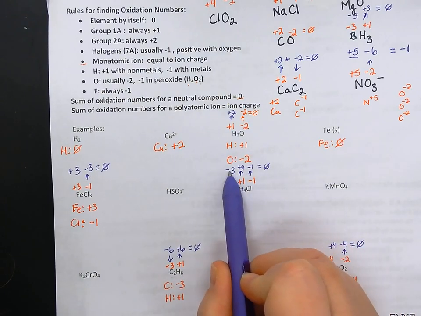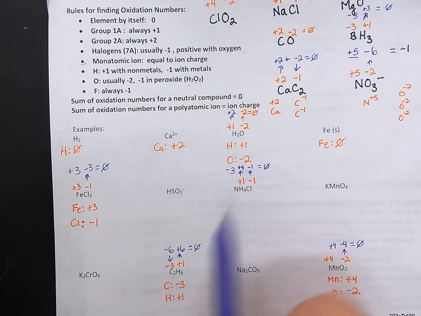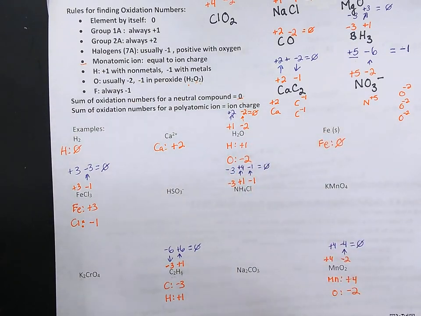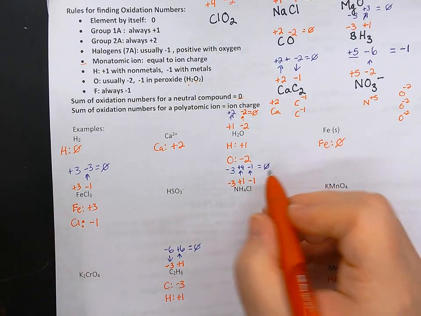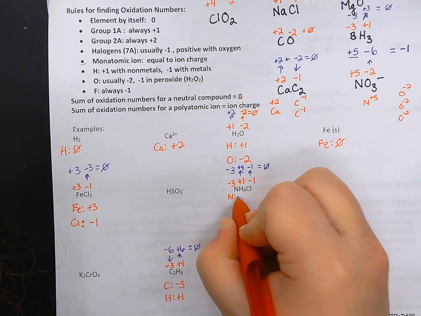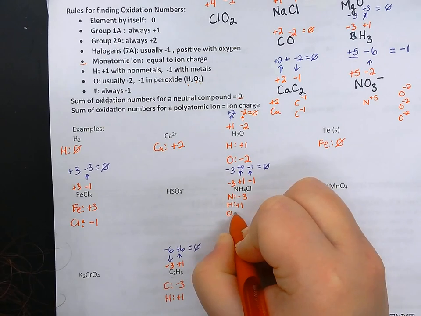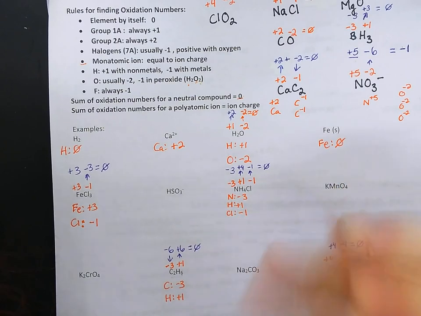We got +4, and then those two give us -4. We've got 1 nitrogen, so then all of that -3 charge goes to that 1 nitrogen. So my nitrogen is -3, my hydrogen is +1, my chlorine is -1.